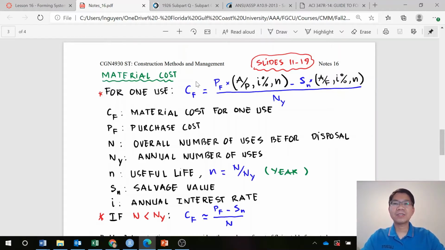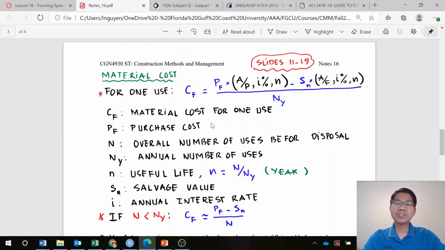So the material cost for one use, we call CF, and it equals this equation. With that equation, it relates to the factors that we learned in engineering economics in project planning. So how does it work?